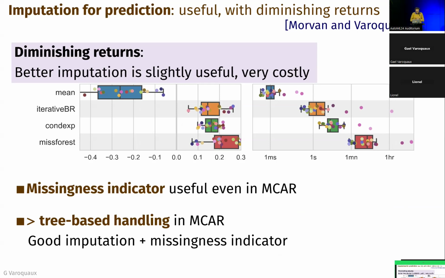Things that surprised us, or things that are kind of new, is that the missingness indicator is useful even in missing completely at random settings. And the way I understand this is it helps the predictor correct for the missingness patterns that are created. And what surprised me is that in missing completely at random settings, having a good imputation plus the missingness indicator outperforms tree-based handling of missing values.